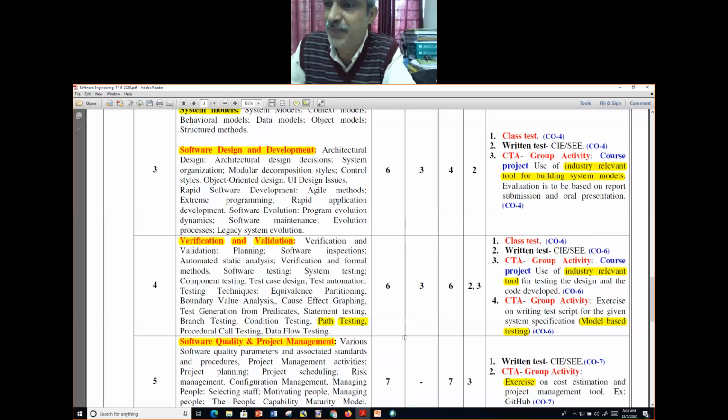In order to test the paths, you need the number of paths, and you have to give input to the program so that the flow of execution goes through those paths. The combination of the input is what we call a test case to ensure the path testing. Is that clear?